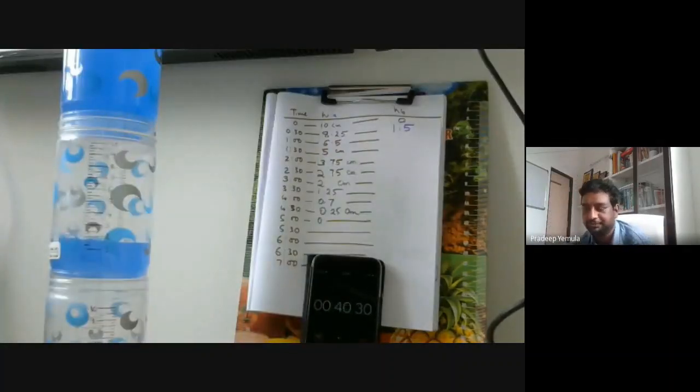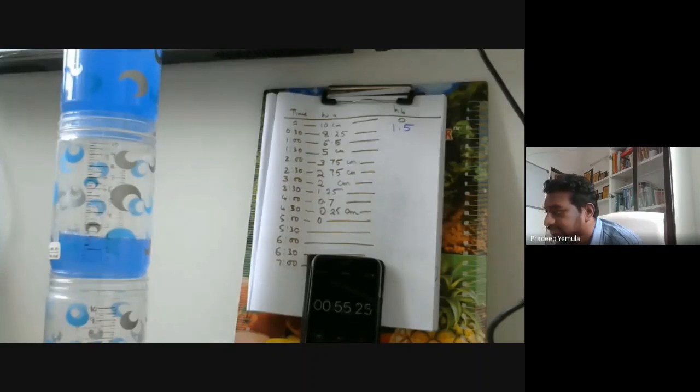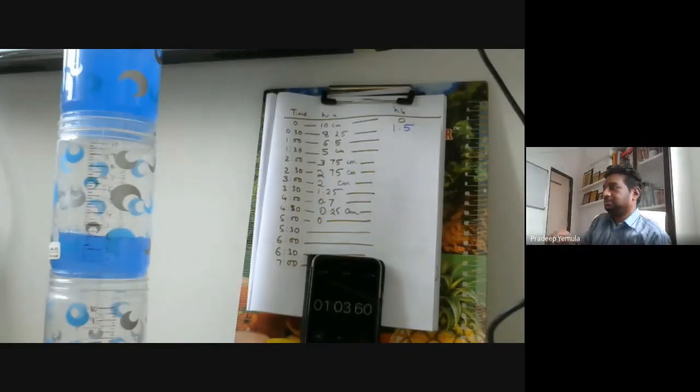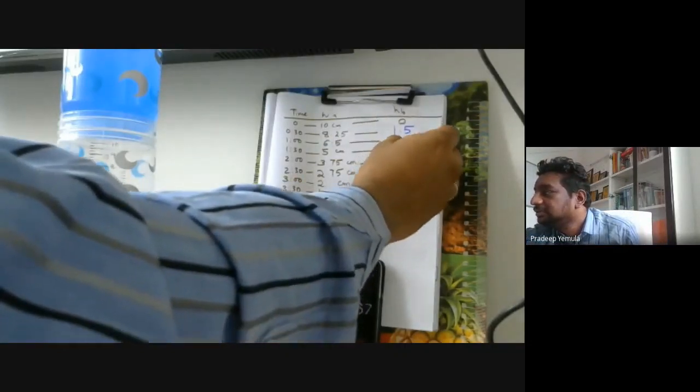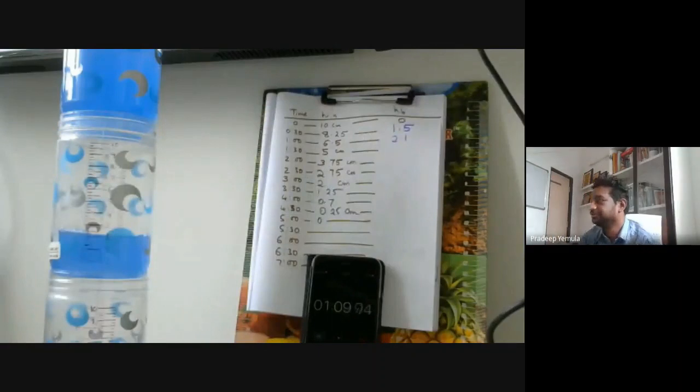Now again we continue the experiment and notice that the height is still increasing. 50 seconds. To 1 minute. So the height is now 2.1. Slightly more.